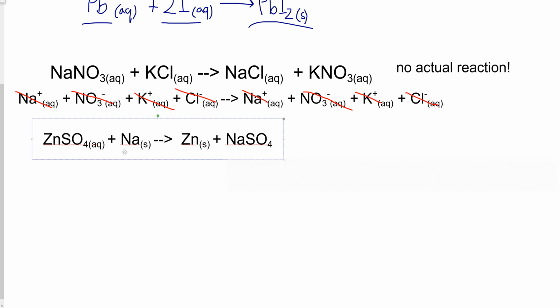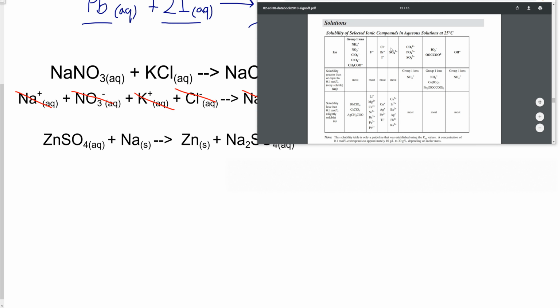That's not how it works, though. You have to make sure that your charges in an ionic compound are balanced. So there we go. And that is also aqueous. Just to check, yeah, every sulfate is soluble except for these dudes down here. So yeah, we're in good shape.